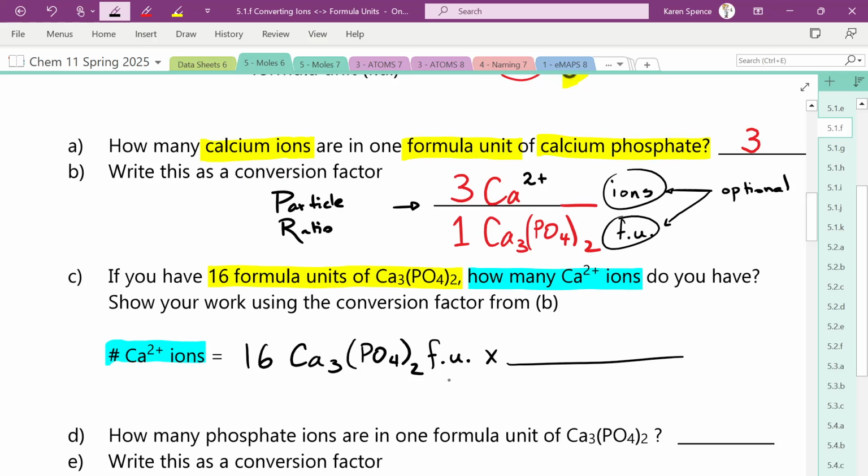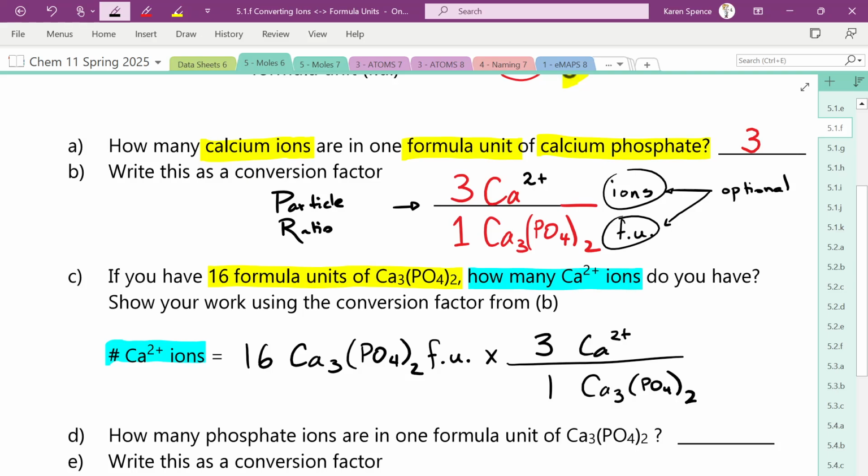All right, so we have those many formula units. What do we need on the bottom to cancel? Ca3(PO4)2. And on the top, what do we need? 3 Ca2+. And you can write ion, but honestly, because it's got a 2+, you are telling me it's an ion by having that charge on it, yes?